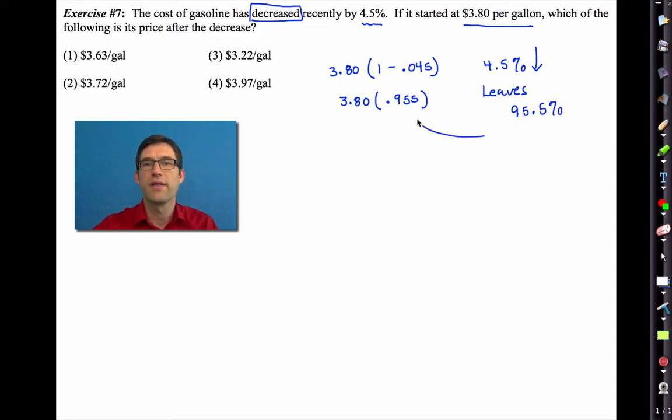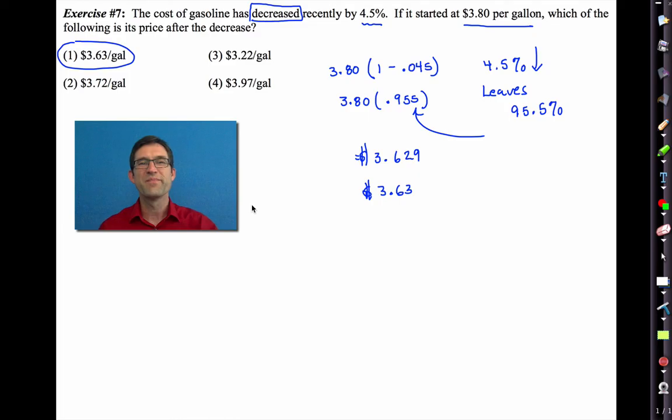Okay, and that's why that number's right there. But then when I multiply those two together, we get 3.629. Okay, don't confuse this with a viable versus non-viable solution. It just means the gas is $3.63 a gallon. That's all. All right. So pause the video now, write down what you need to, and then we're going to finish up the lesson.